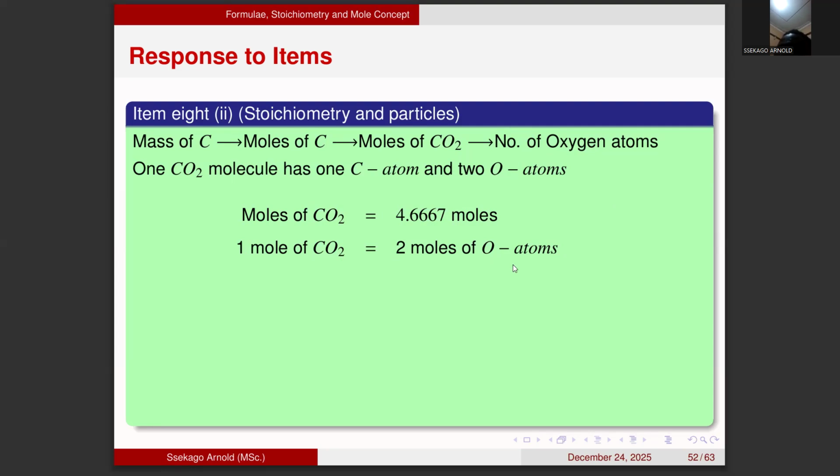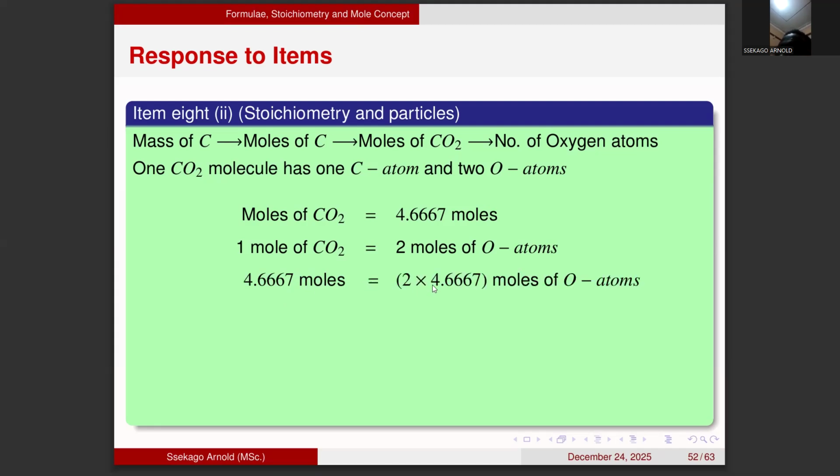Therefore, 1 mole of carbon dioxide is equal to 2 moles of oxygen atoms. Then the 4.667 moles of carbon dioxide which we have will be equal to 2 times 4.667 moles of oxygen atoms. Computing this, we obtain 9.334 moles of oxygen atoms.